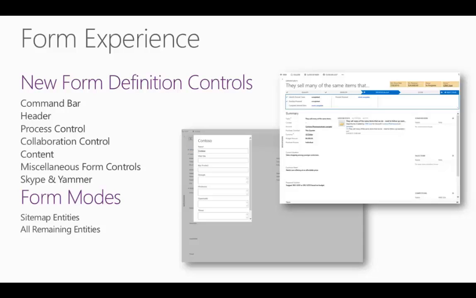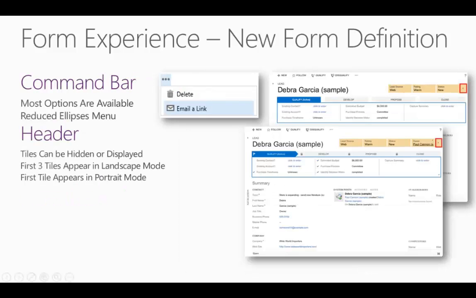While most of the options in the command bar are available in the iPad experience, several options have been removed from the ellipsis drop-down menu. These include the Switch to Classic, Share, Form Editor, and Process Configurator options. The Switch to Classic button has been removed as the Classic Edit form is not supported in the iPad experience.